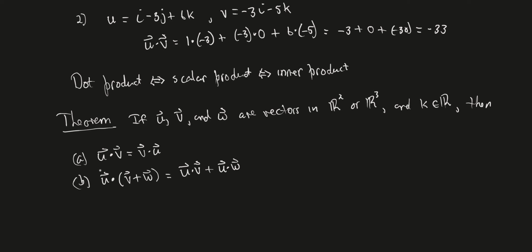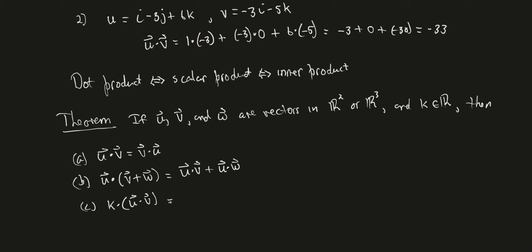There's also the associative property. So let's say you have your scalar, and this is where I need my scalar k. So if I have my scalar times u dot v. Now, this is where you have to be a little bit careful, because you're multiplying a scalar, and notice the way this order of operation is indicated, you would do the dot product first, which will produce a scalar, and then you essentially multiply those two scalars.